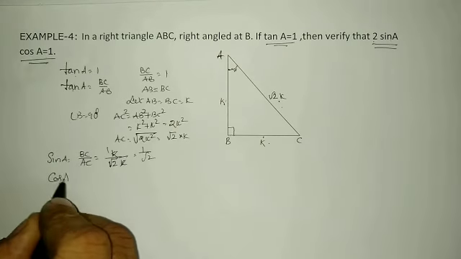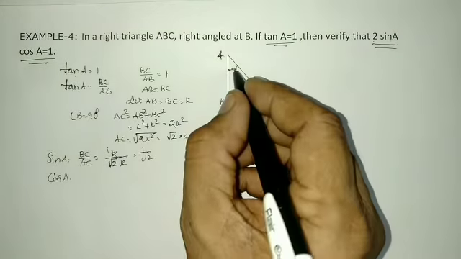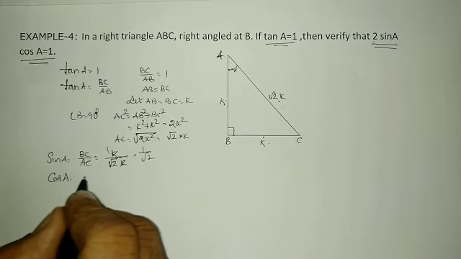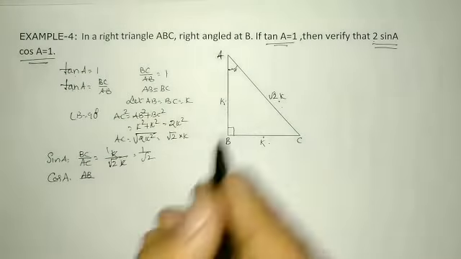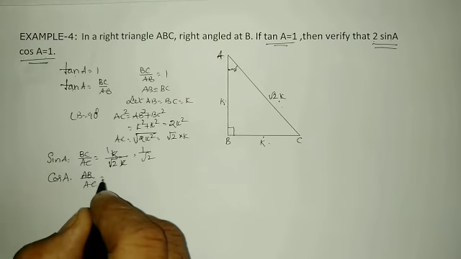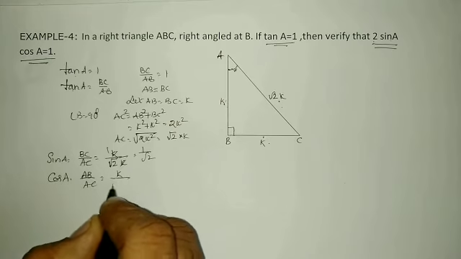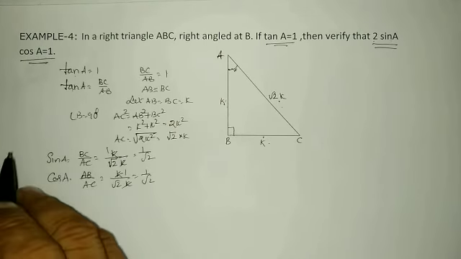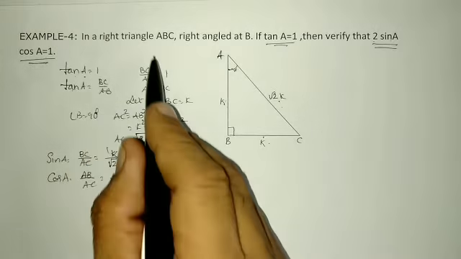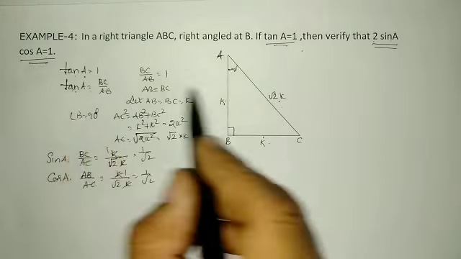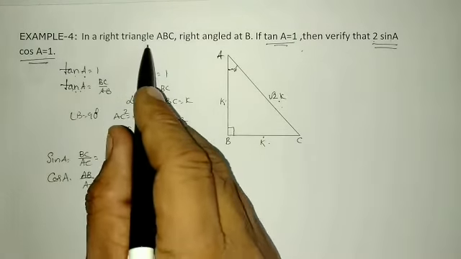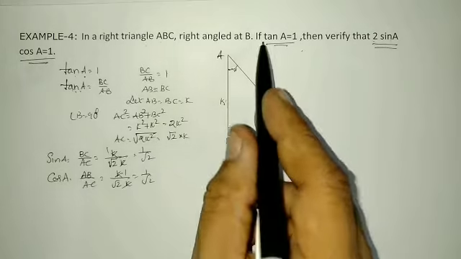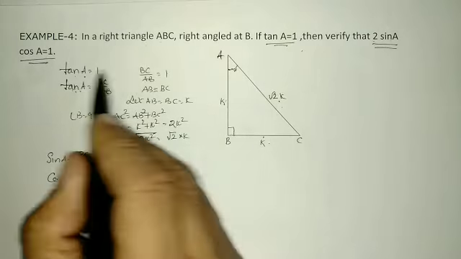And cos A, side adjacent to angle A by hypotenuse, AB by AC, K by root 2K, K once 1 by root 2. See, tan A equal to 1 given in the problem, but here ABC is the right angle triangle in which angle B equal to 90 and tan A is given as 1.